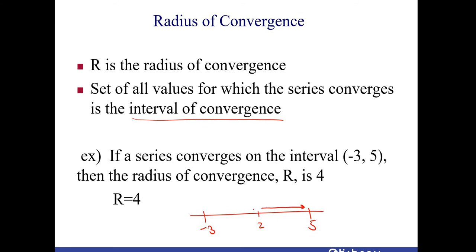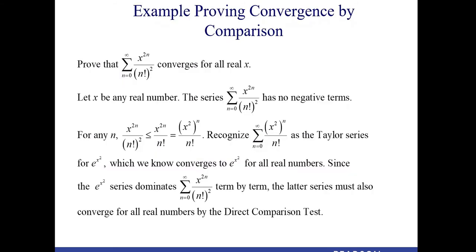So the radius of convergence from the center is 4 units, the interval of convergence is from -3 to 5. So this is a series that is centered at x equals 2 with an interval of convergence of -3 to 5, and therefore the radius of convergence is 4 units.